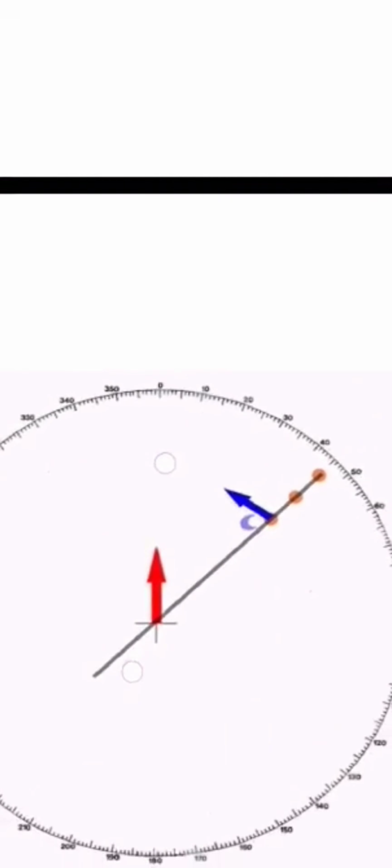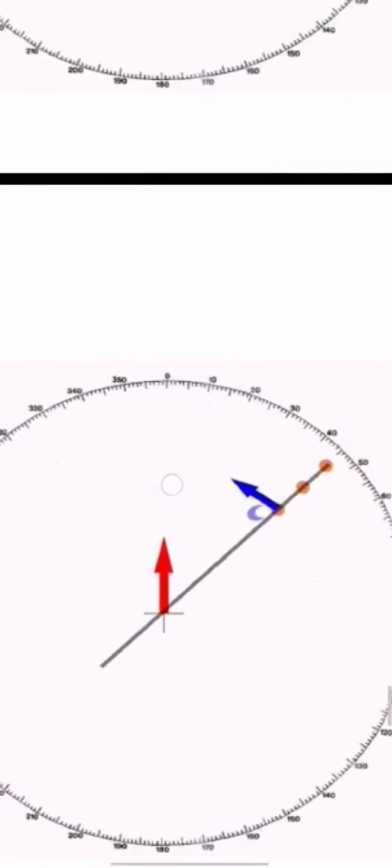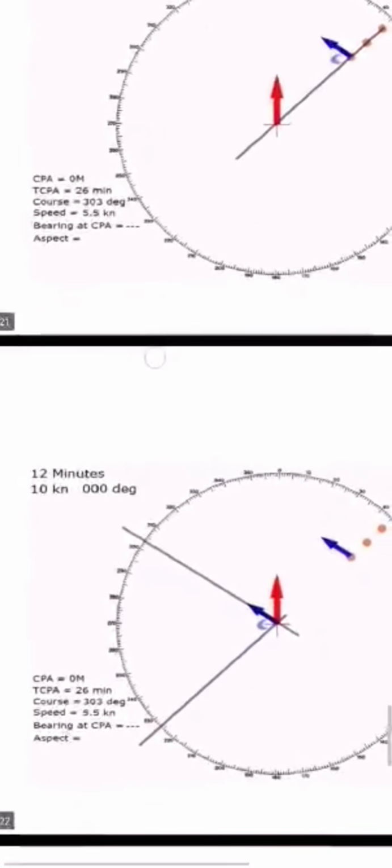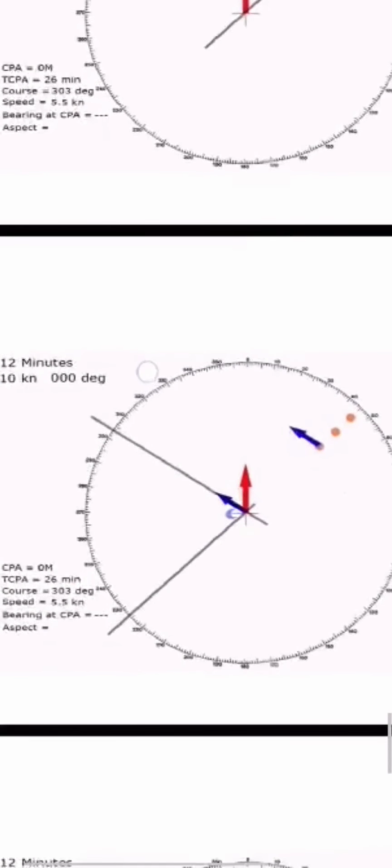Then, to get our bearing from the perspective of our target, we drag it to the center. And as you have seen, this line forming here, we have to reciprocate it. It is now reciprocated. It is 225 degrees reading.